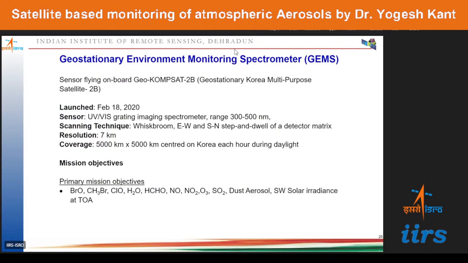Now this is a geostationary satellite. This is a Korean satellite. COMS 2B is the satellite, and the Geostationary Environment Monitoring Spectrometer is the sensor. It was launched in 2020, and it measures many trace gases apart from the aerosol optical depth.